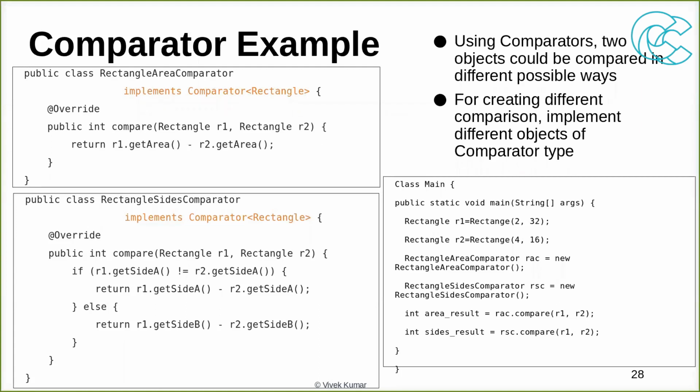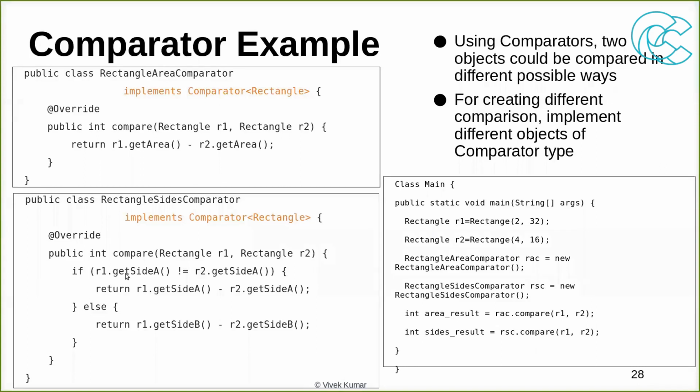So let's say you have this rectangle area comparator. Now you want to compare based on the area. So you can go ahead and do so. It takes two parameters R1, R2, and then you are comparing on area. You can have one more comparator that compares the sides.